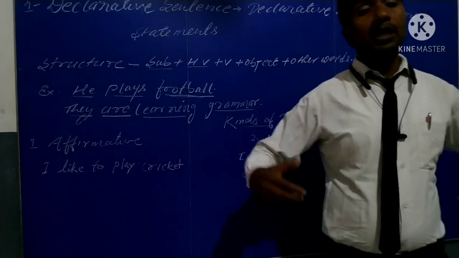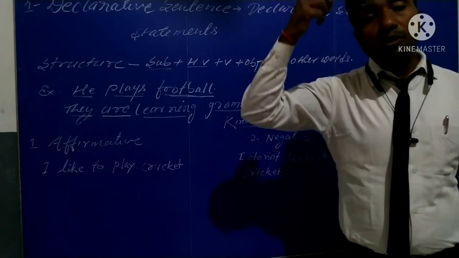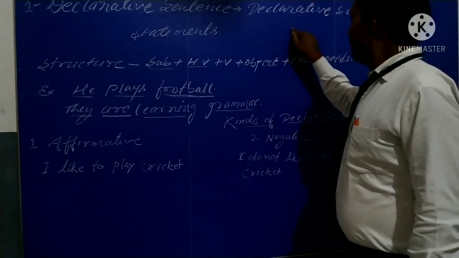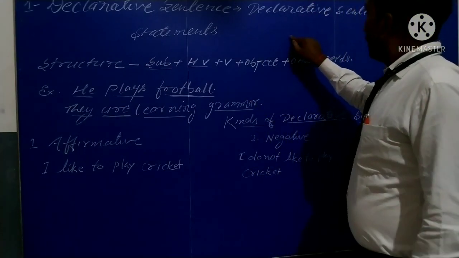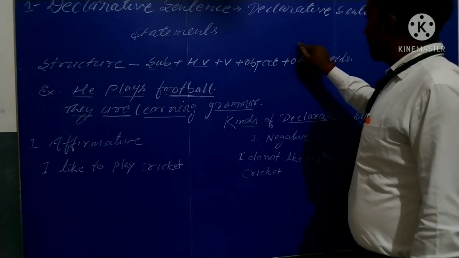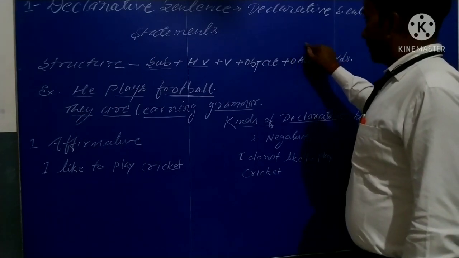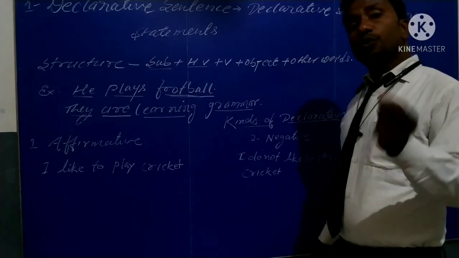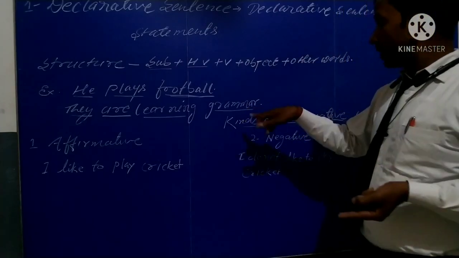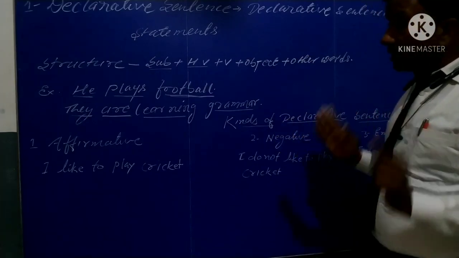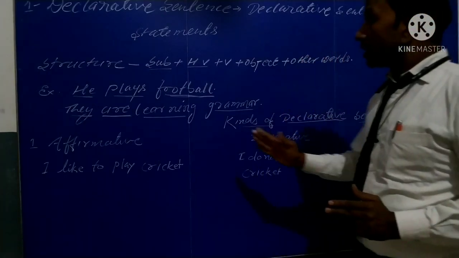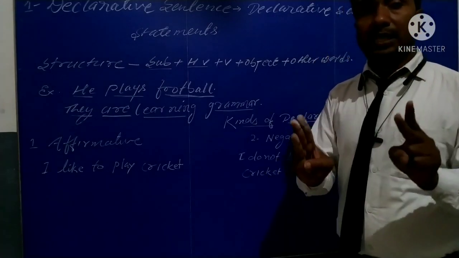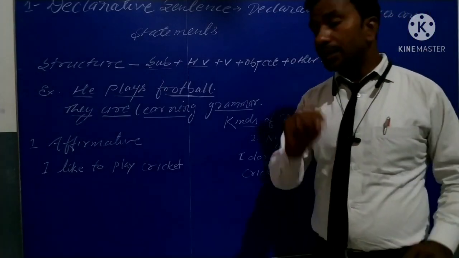Because it is also a part of sentences. You have written declarative, interrogative, emphatic, exclamative, optative, and imperative sentences. So we will study interrogative in the next segment of the parts of sentences. So here the main things are affirmative, negative, and emphatic. These are the three declarative sentences.